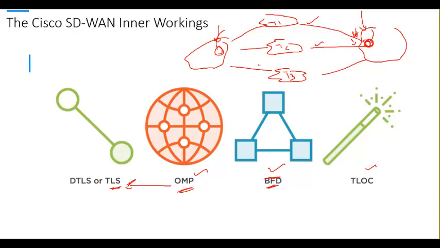At the same time, to make this the primary path and this the backup path, a color is going to be used. So now we will understand what it means when we say the abstraction. TLOC creates abstraction layer of the underlay transport link.